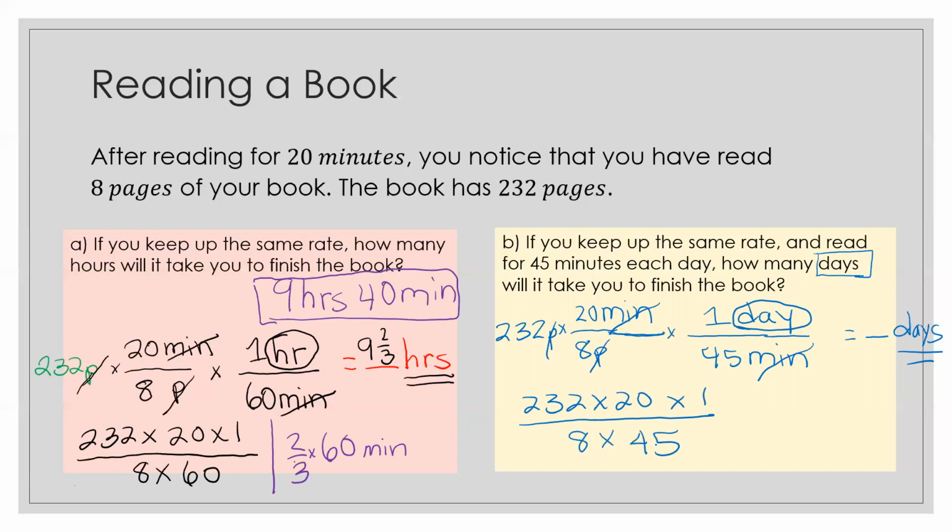And again, grab your calculator and calculate. 232 times 20 divided by 8 divided by 45. And that would be 12.889.